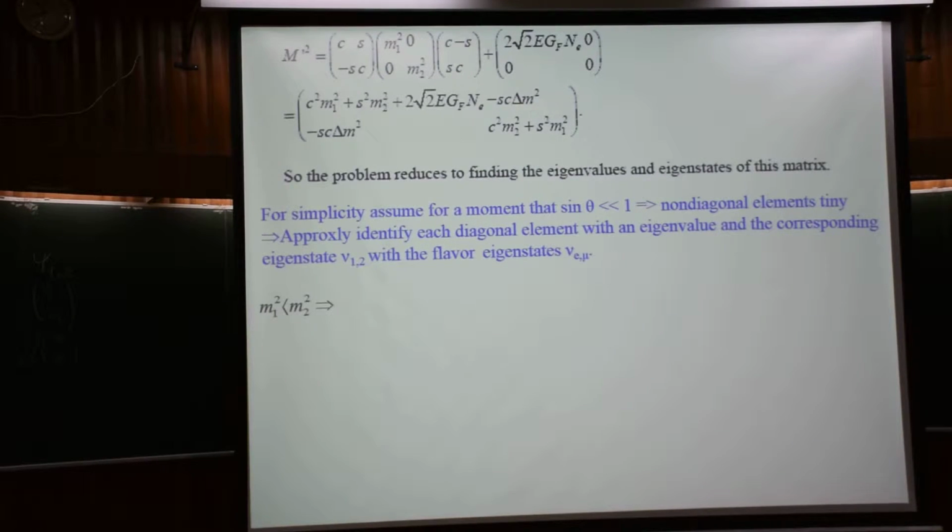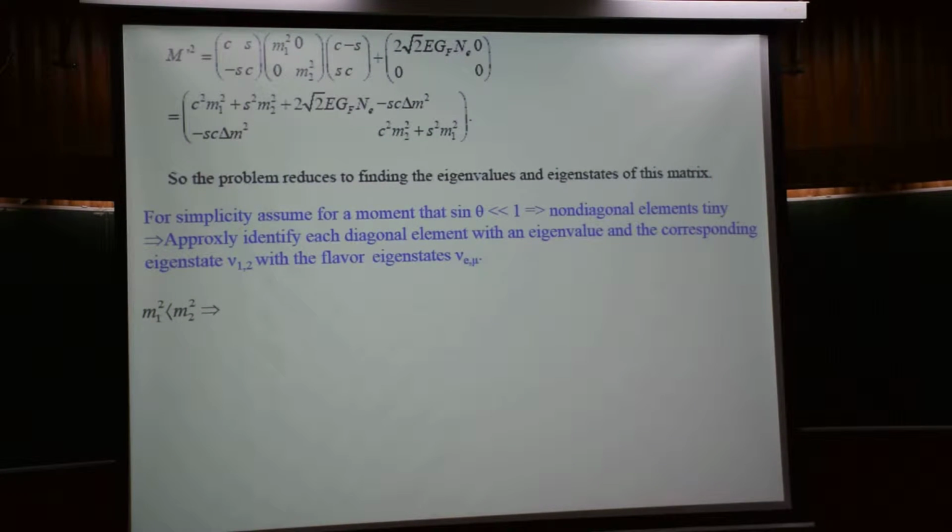We get an effective matrix for mass or energy. The nu e part is this, these are the off-diagonal terms, and the nu mu part is this. The nu e part has got this extra contribution from interaction with electrons. So the problem reduces to finding the eigenvalues and eigenstates of this effective mass or energy matrix.